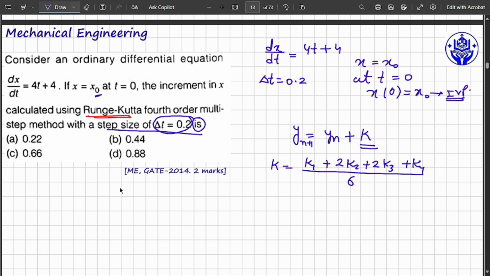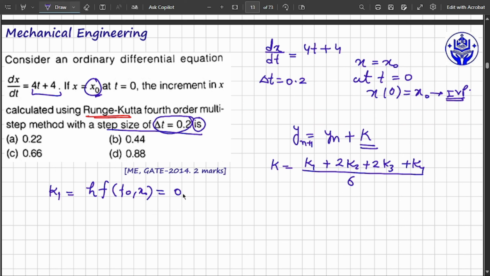So now what is k1? K1 is nothing but h into f of t0 and x0. Because the function is 4t plus 4, there is no x here, so it is independent of x and there is no need of x0. You can easily find the solution of this kind of differential equation using the linear differential equation, but here we are getting it using a numerical solution.